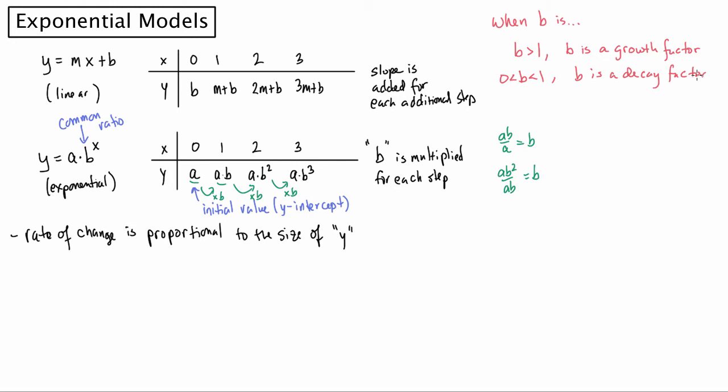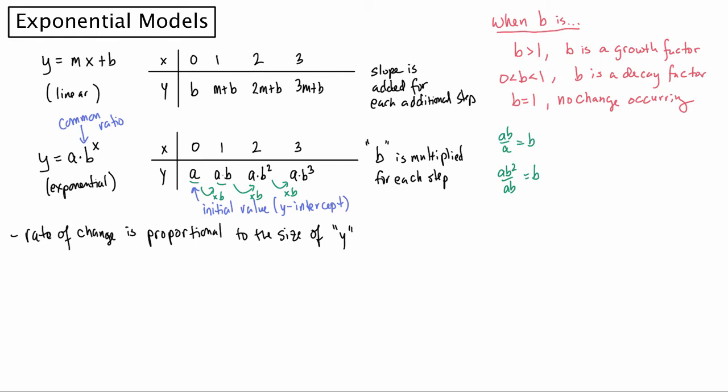And if b is equal to 1, then there is no change occurring. It's neither growing nor decaying. So the b value is very dependent upon its relationship to 1. If you're multiplying by values larger than 1, then the dependent variable y is increasing. If you're multiplying by values between 0 and 1, then you are decaying or getting smaller, and if b is equal to 1, then there's no change occurring.